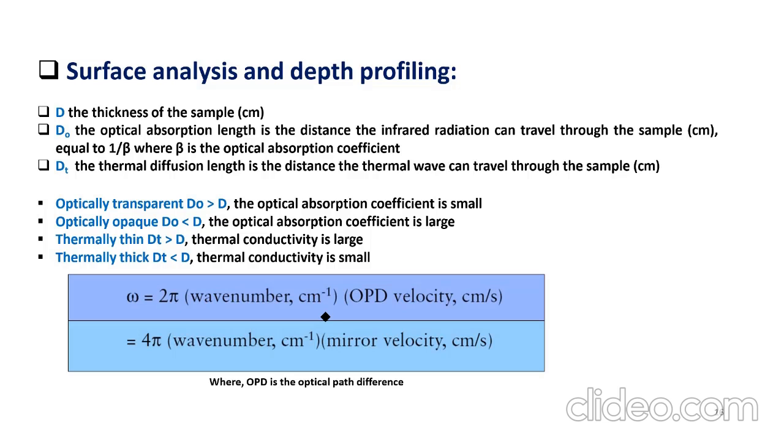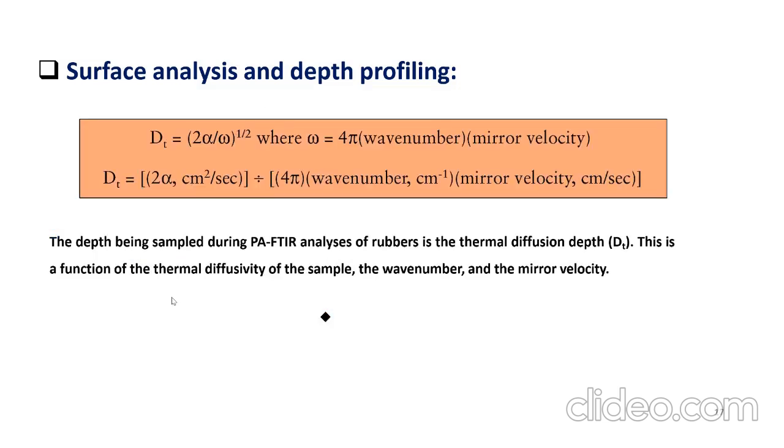So here we can see that omega is the wave number, and for the mirror velocity omega is equal to 4 pi, and for OPT velocity it is 2 pi. So from here we can observe that the distance is a function of omega basically, which is again dependent on mirror velocity and wave number also.